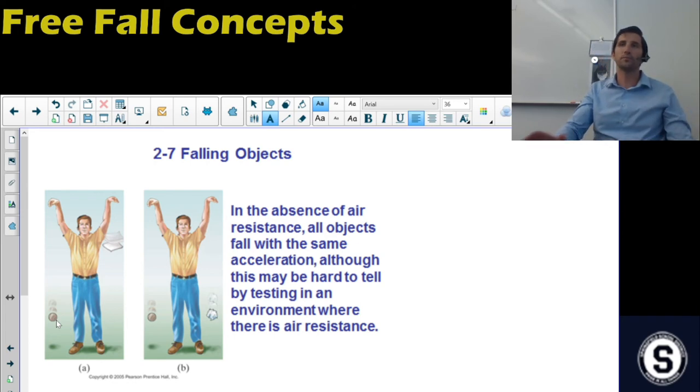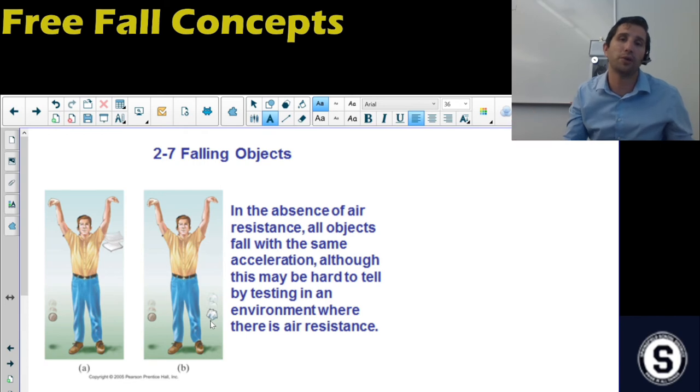But if we were able to take away that effect, one way would be to crumple up the paper. Another way would be to do it in a vacuum where there's no air. If we are able to do that, then we would see both objects falling at exactly the same rate. So gravity causes the same acceleration on all objects.